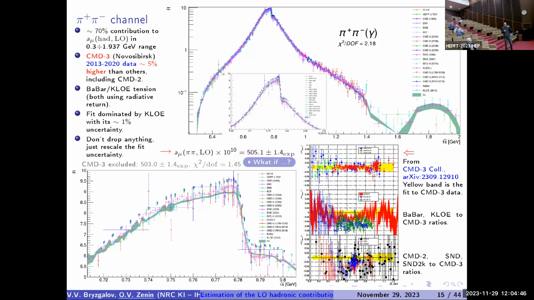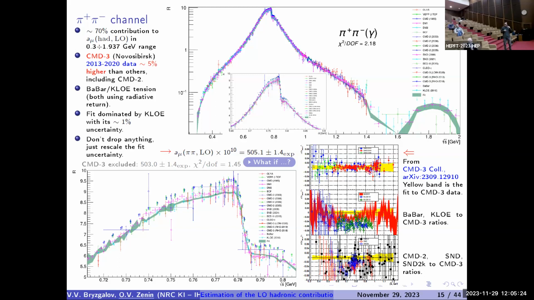I just reproduce here the plots from the CMD3 paper. The reference is given here. The yellow band shows their measurement with its uncertainty normalized to unity, and then all the measurements normalized to CMD3 are shown by different colors. So we see that on top of the rho peak there is a 5% disagreement between CMD3 and other experiments.